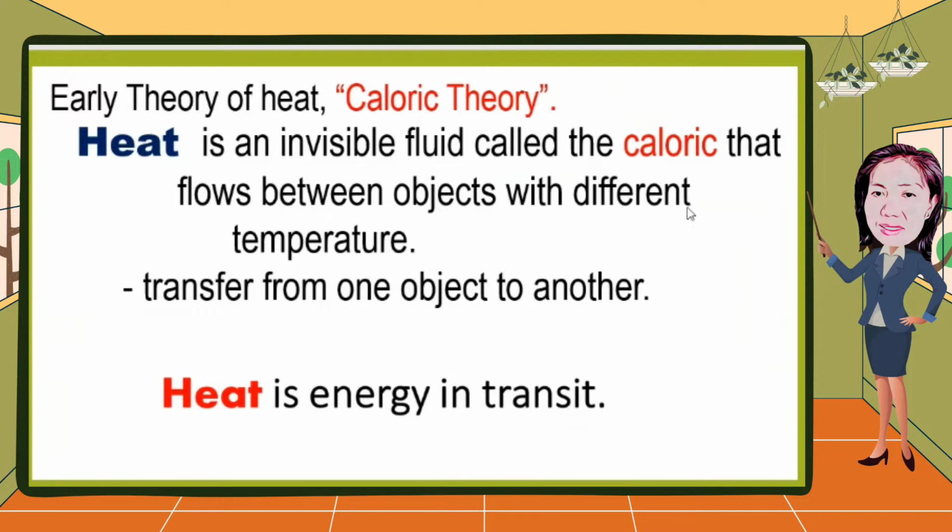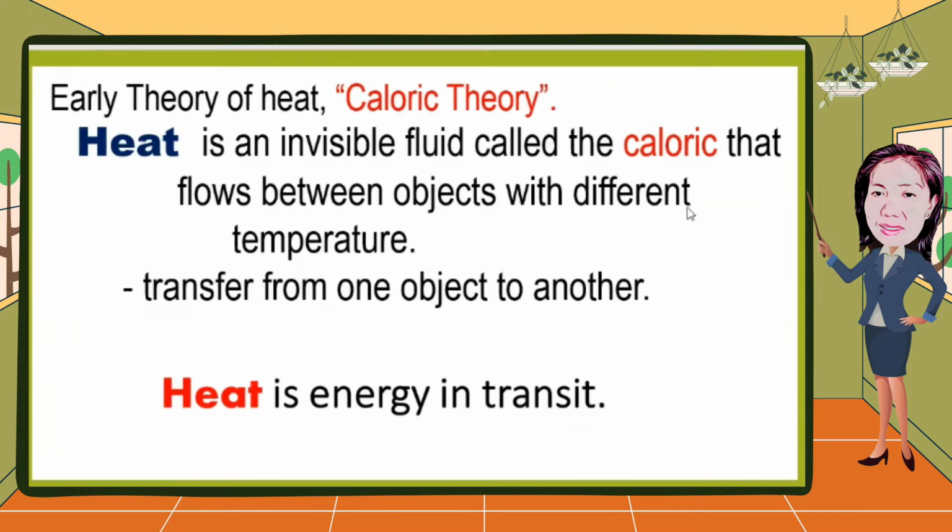So before, this theory found out that there is a fluid called caloric that flows or transfers from one object to another because of the difference in temperature. Meaning that this caloric is transferred from one object to another.